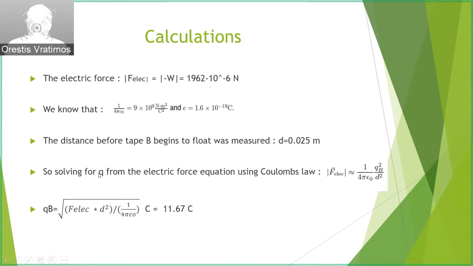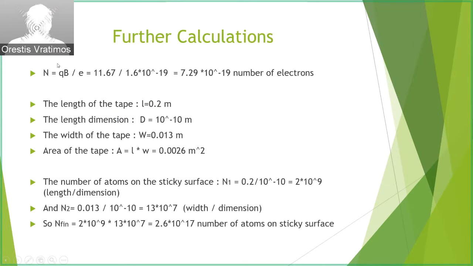Using the electrical force equation from Coulomb's law, we solve for Q, and then we get 11.65 Coulomb. And then we continue to find the number of electrons, which is the ratio of the charge over the charge of the electron, and we got that the number of electrons is 7.29 times 10 to the power of negative 19.